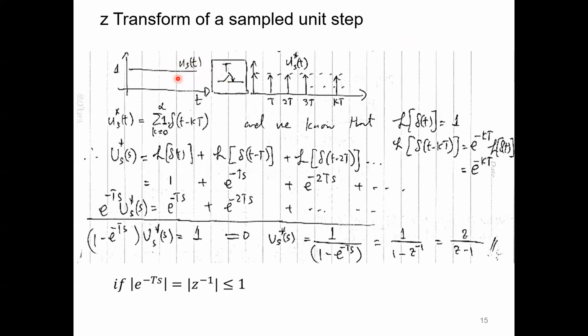If you send this through a sampler, every time T it closes and you read the sample and then opens. There's no sample for the rest of the capital T time. So this is what you get as the output of the sampler.